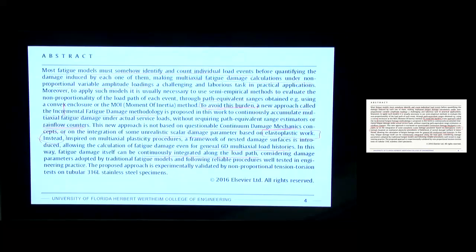And so I want to go back, and so they say that it allows for calculation of fatigue damage for 6D multi-axial load histories. So you might think, okay, I understand up to 3D, maybe 4D if there's time involved, but 6D, what does that mean? In this case, it means the different, let's say, facets of damage. So they're going to call those damage surfaces.